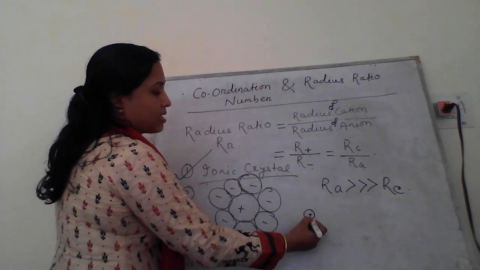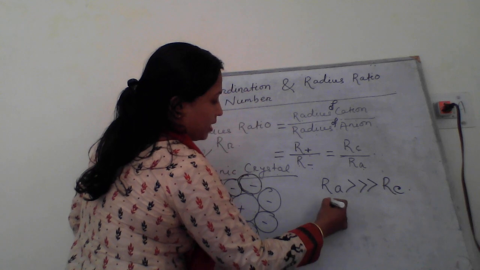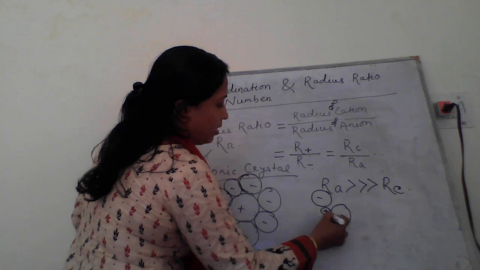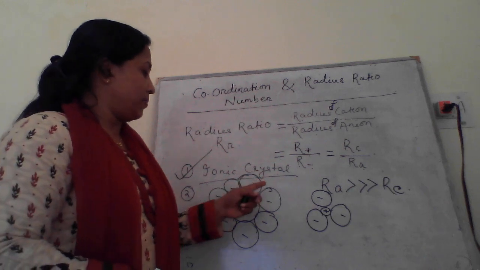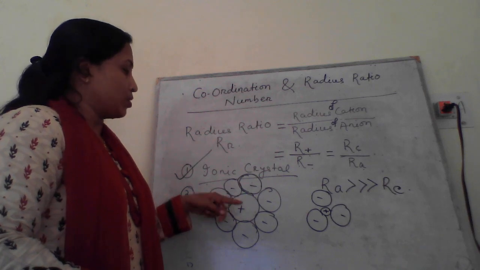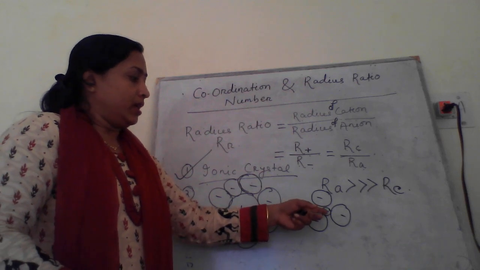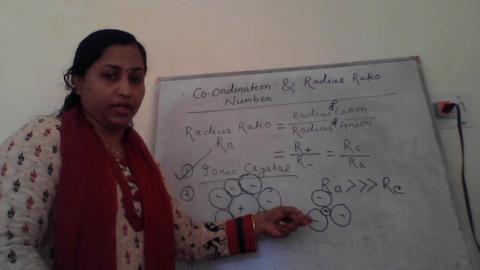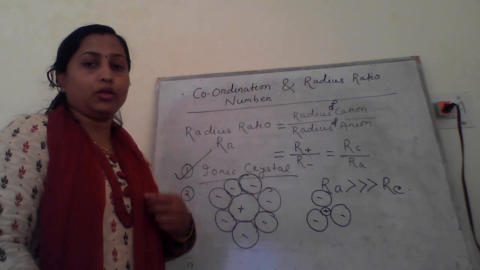But if the cation size is smaller, the number of surrounding anions must be smaller, and the radius ratio value is also lower.